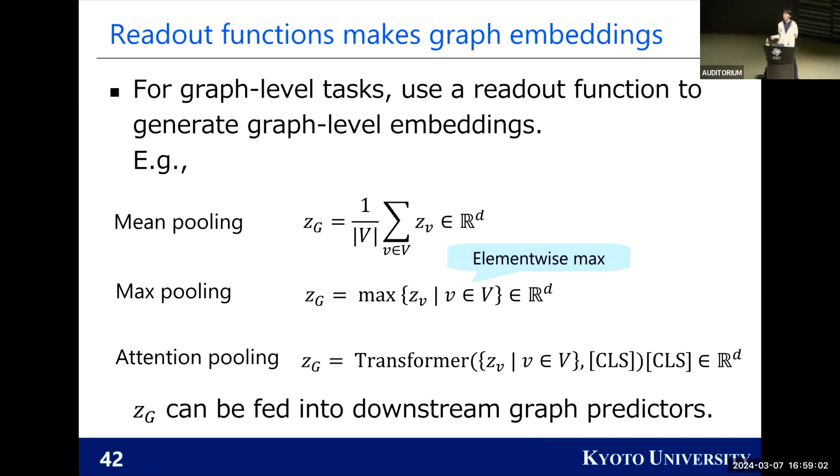We apply a transformer to this sequence of tokens, compute the embeddings of these tokens, and use the final embedding of the class token as the embedding for the entire graph. z_G already contains much information about the graph and all the nodes. We can use it to solve graph-related problems by feeding it into some machine learning model.